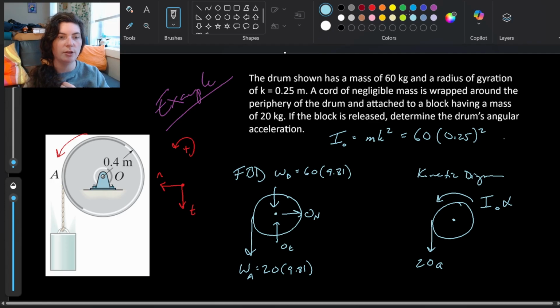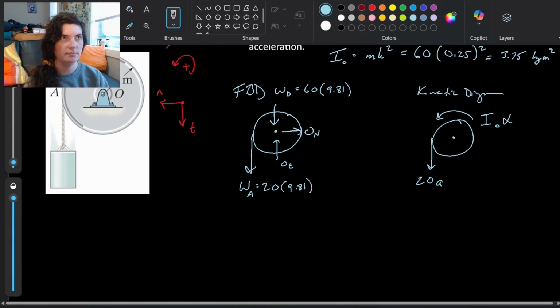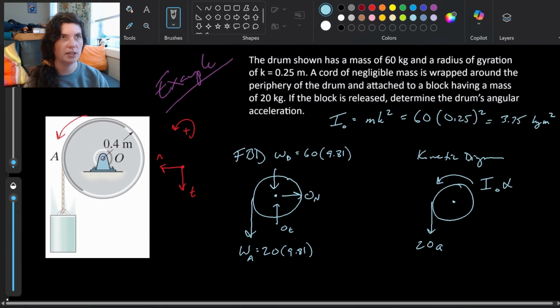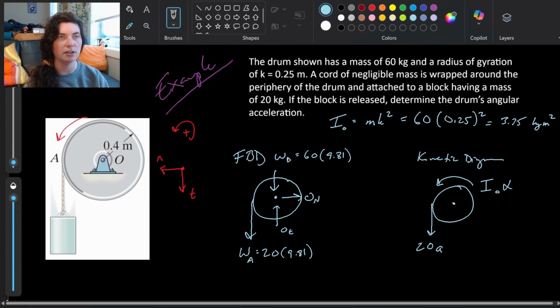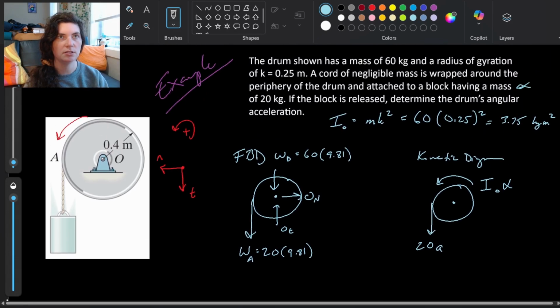It's just the value for that drum. The block gets its own acceleration value, so it's not included in this. This gives us 3.75 kilogram meters squared for IO. And what are we finding? The angular acceleration. We're trying to find alpha.